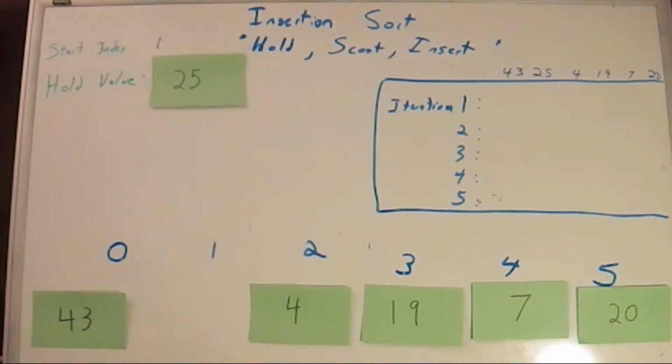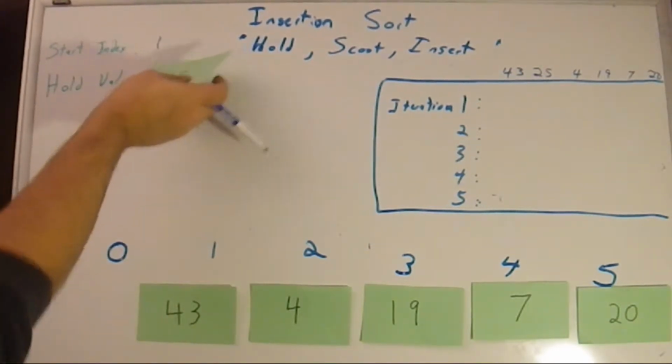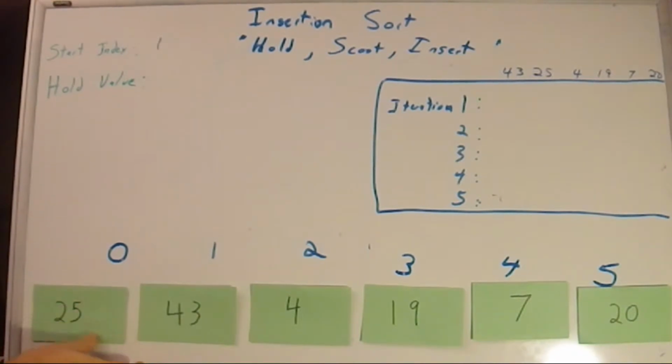We then look to the left of that value and continue to shift down values that are greater than that number. So we see that 25 is less than 43, so we're going to scoot index 0 down. Since there's nothing to the left of 0, we're done with our scoot. We then insert our value back into 0.